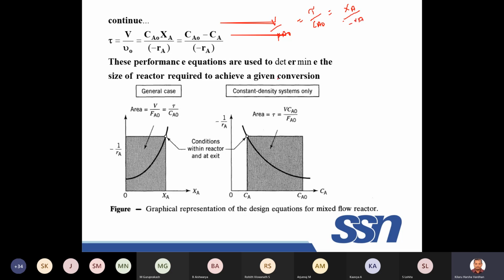This is a very important expression. You can compare these two, and then these will be the graphs, the corresponding graphs for Xa or the concentration. So the area of the rectangle will give you the volume required, or the tau. The tau is nothing but the space time, right?